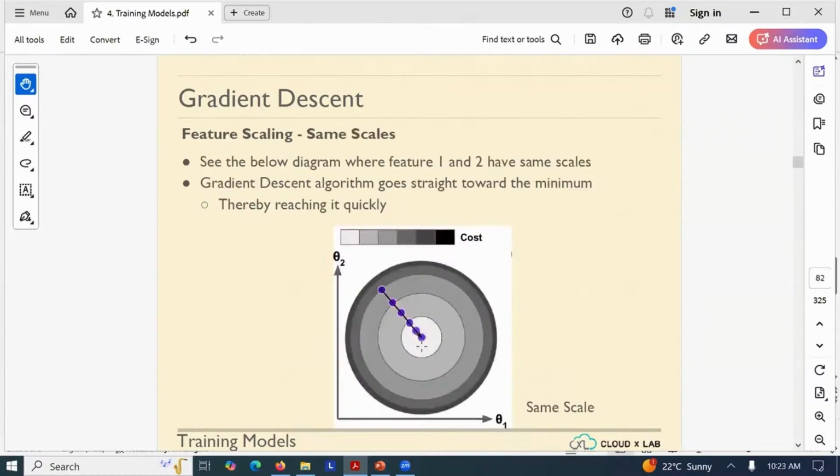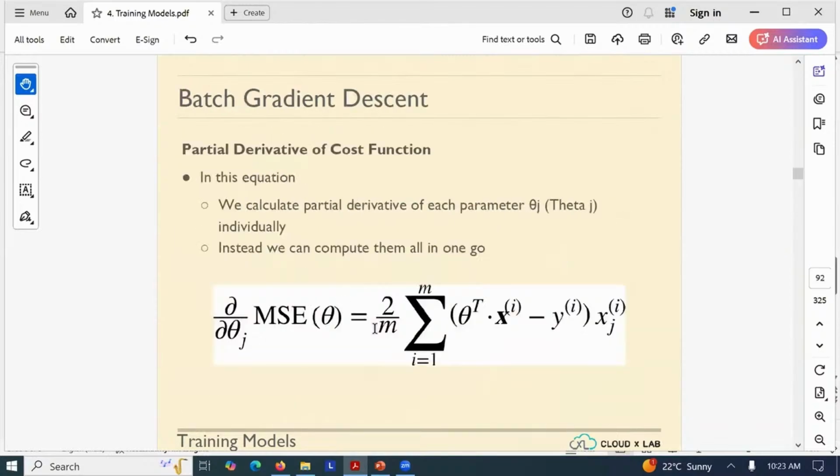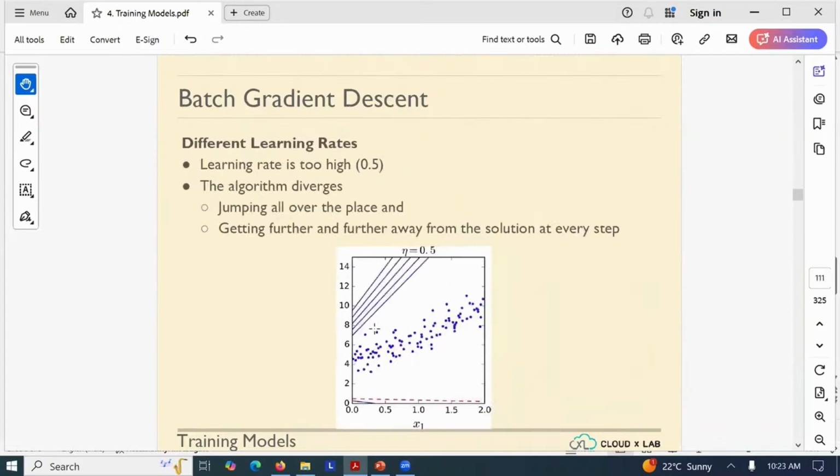But let's say features are on different scales, so for example here for theta 1 features, we have a bigger scale. For theta 2, we have a smaller scale. Then we will follow the zigzag path, right? And since we are following this zigzag path because features are not on the same scale, it will create problems in optimization, right? So that's why for gradient descent, we need feature scaling.